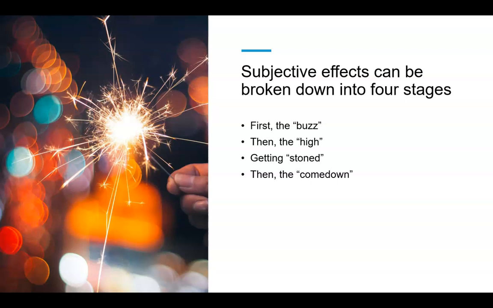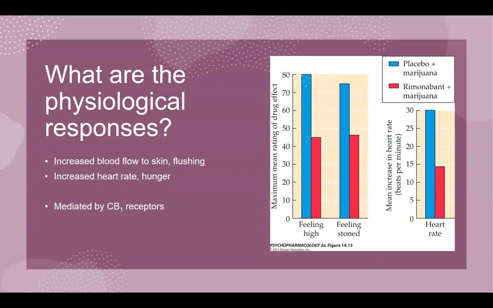They may feel like they're floating, their visual or auditory perception may be enhanced, maybe visual illusions, and they'll feel like time is slowing down. And then finally, you get the come down. Basically, these effects are going to stop. That's going to really vary based on the dose of THC that's been taken and one's own personal rate of drug metabolism.